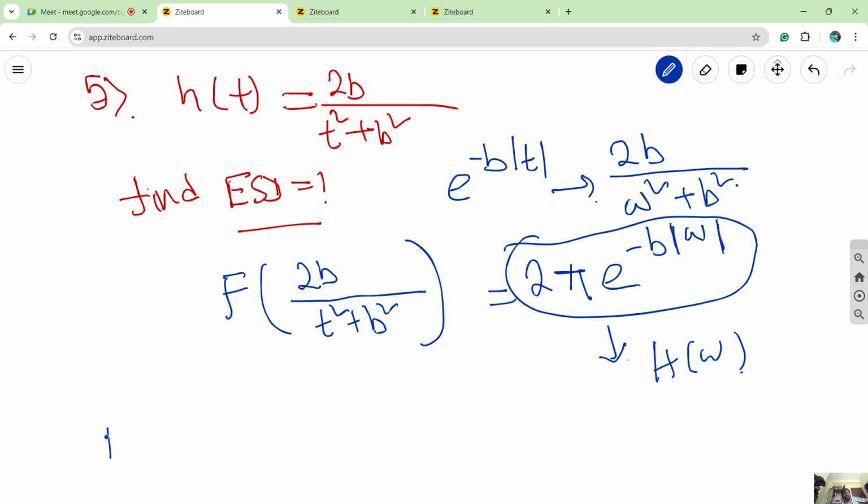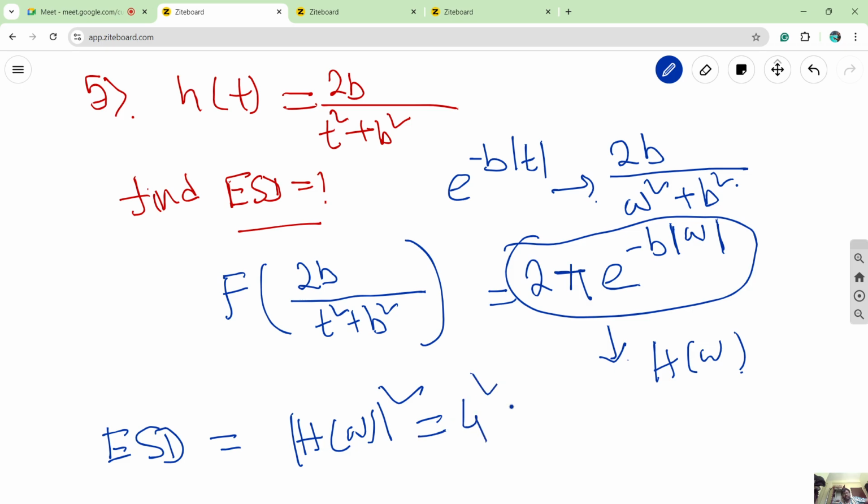Now the ESD will be H of omega's square, 4 pi square e to the power minus 2b mod of omega.